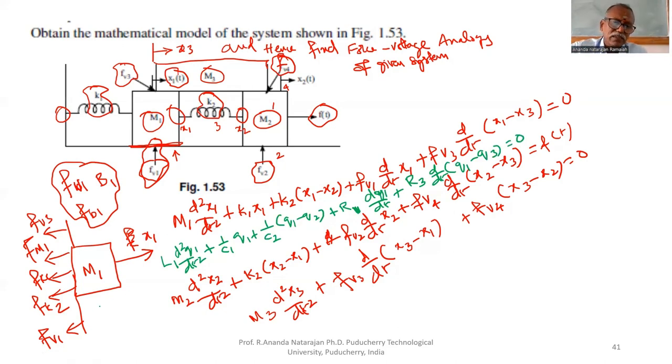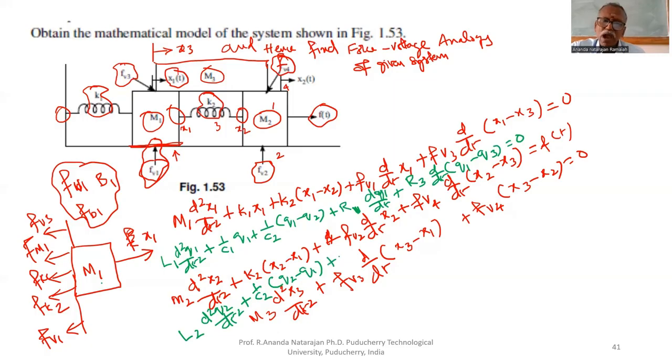For the second equation, L2 d square Q2 upon dt square plus K2, 1 by C2. 1 by C2 we already wrote in the previous equation. We have to reverse that. Q2 minus Q1 plus FV2.